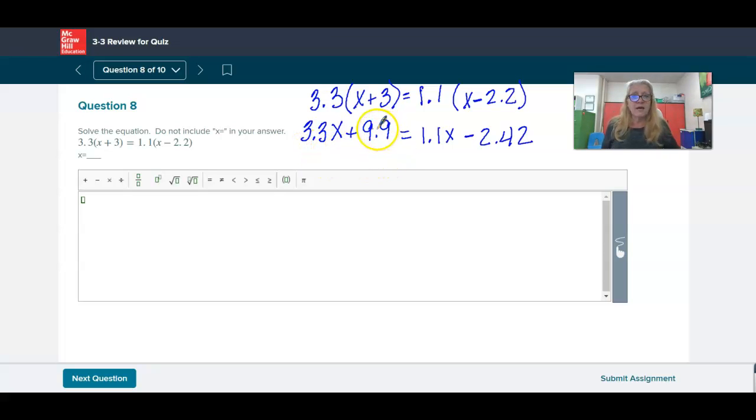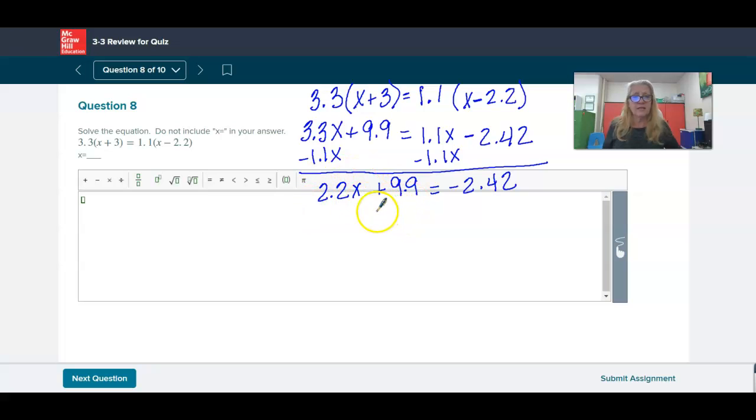All right, so we have x's on both sides. Which one's smaller? This one. So we're going to get rid of this one by subtracting 1.1x from both sides. That's going to give me 2.2x plus 9.9 equals negative 2.42.